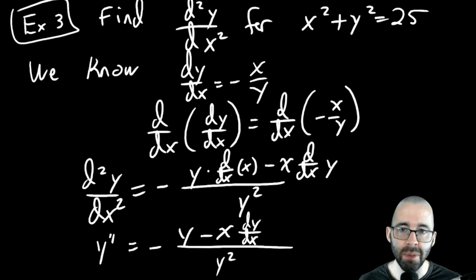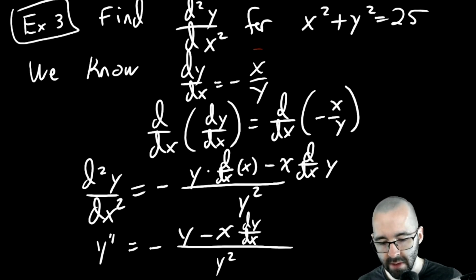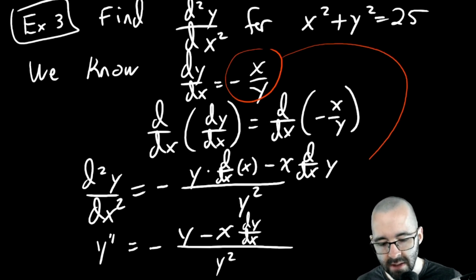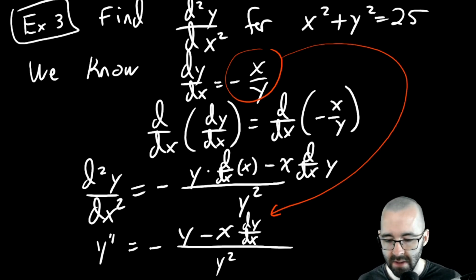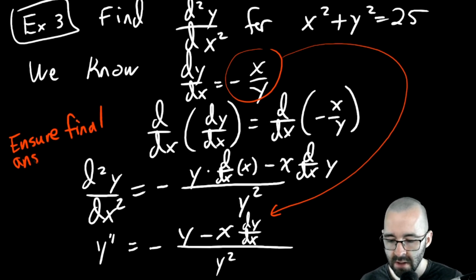But we do need to replace dy dx with this. So let's get everything in terms of x and y. Ensure your final answer is in terms of x and y.